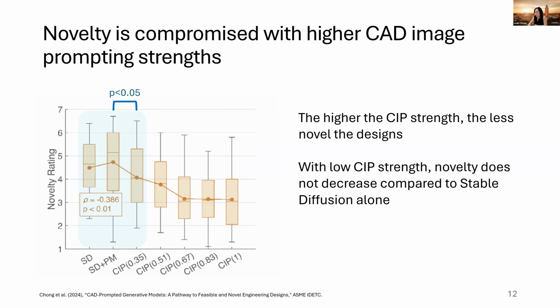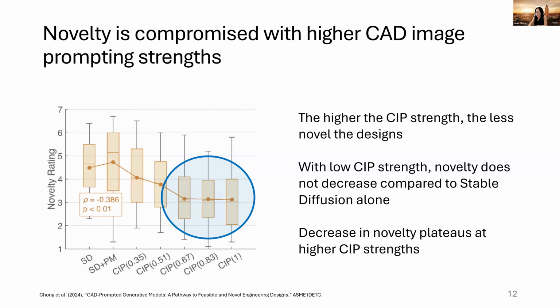So with very low CIP strength, we may be able to generate still quite novel solutions but increase the visual feasibility, as I showed in the previous slide. And then with very high CIP strengths, we see this novelty plateauing. So maybe not increasing the CIP strength over 0.6 or 0.67 is desirable in terms of that appropriate level of novelty as well as visual feasibility.